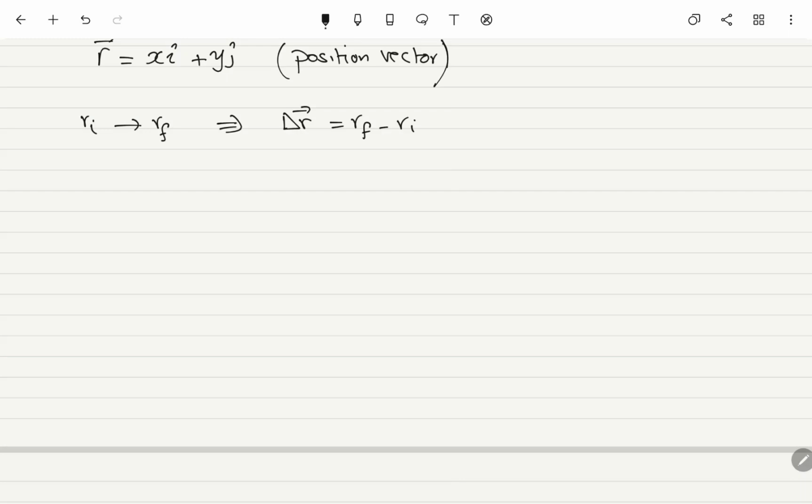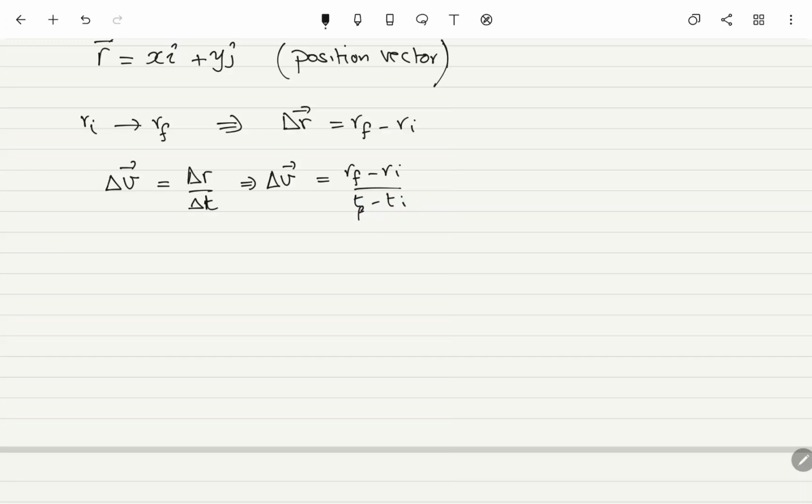Now, same as before, we have an average velocity. The average velocity is equal to delta r divided by delta t. In two-dimensional motion, it equals r final minus r initial divided by t final minus t initial.